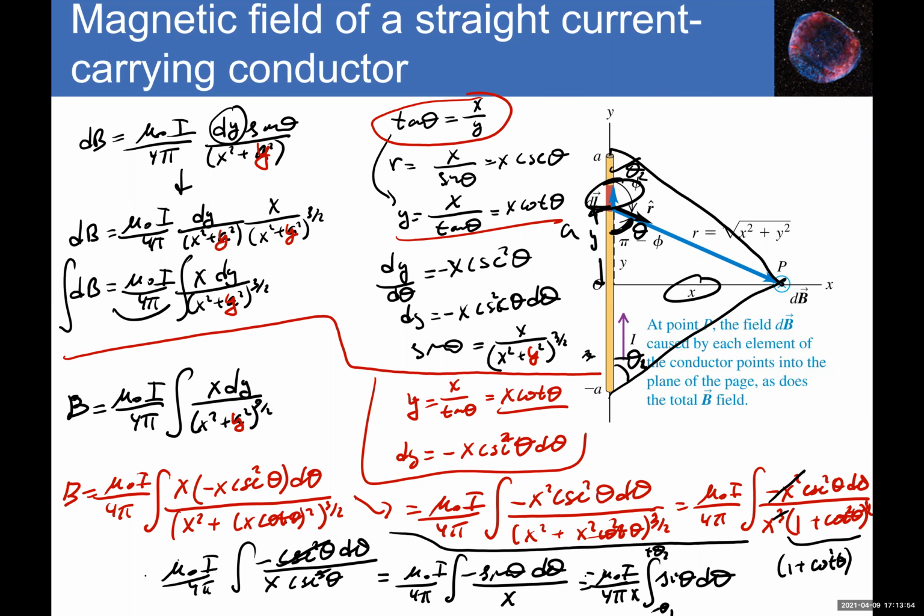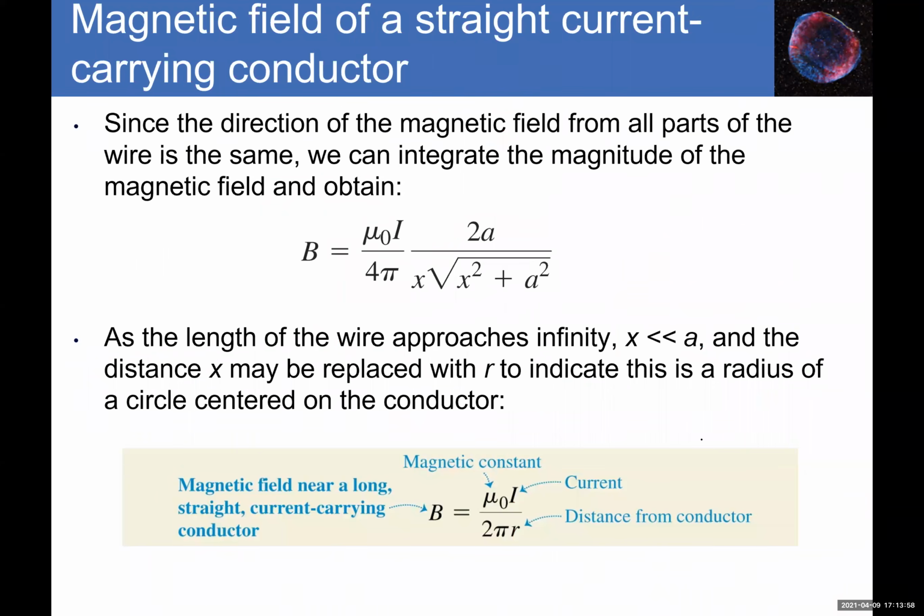But what I will get here, let's go to the next page. From that, I should be able to get cosine of theta 2 minus cosine of theta 1. And then from here, that negative is going to go into the equation and make that a positive.